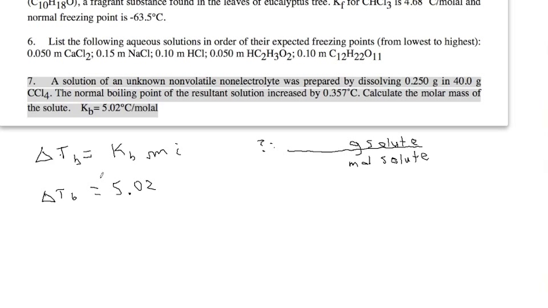So then we just divide these two. It's 0.357 divided by 5.02. And that is equal to the molality, which is equal to 0.071.